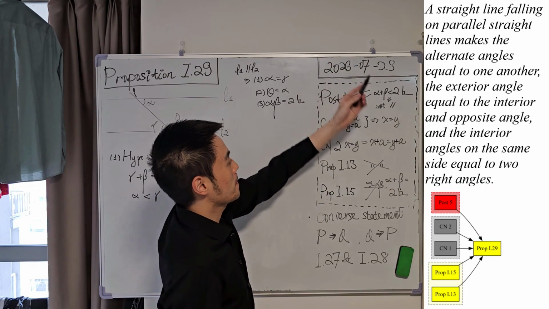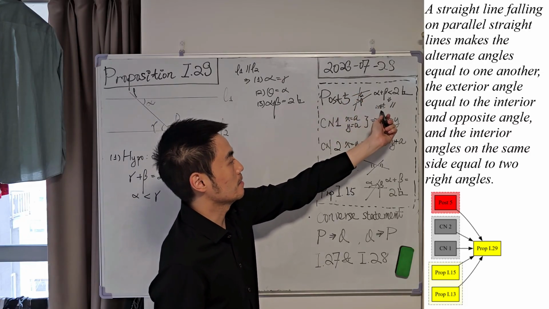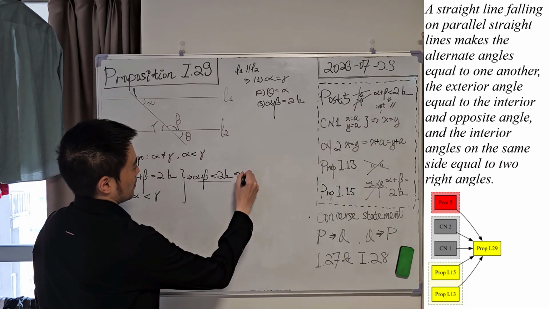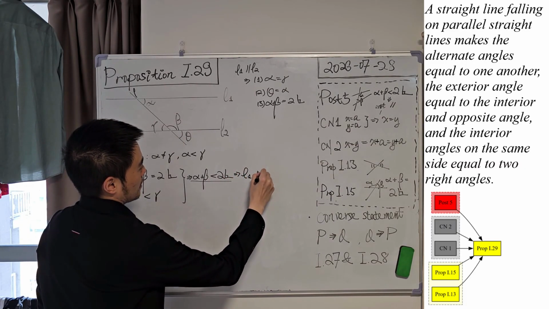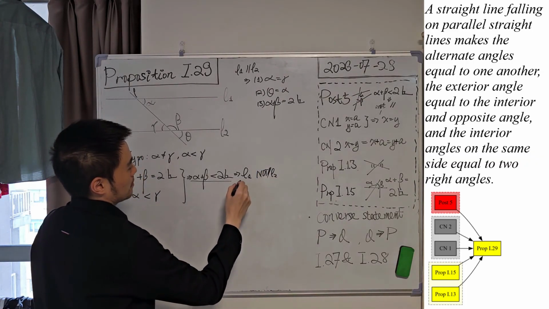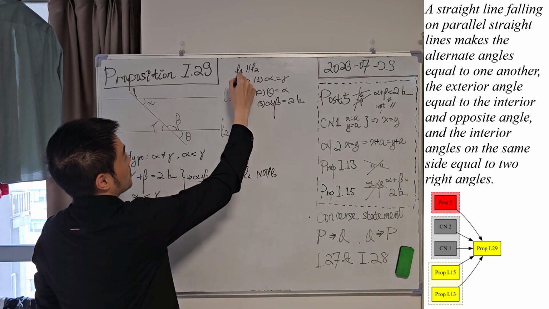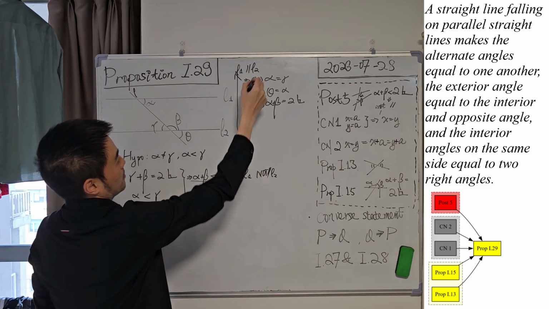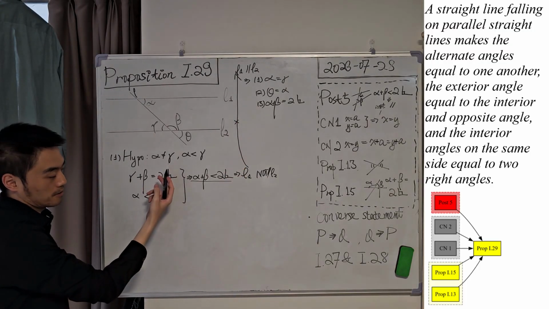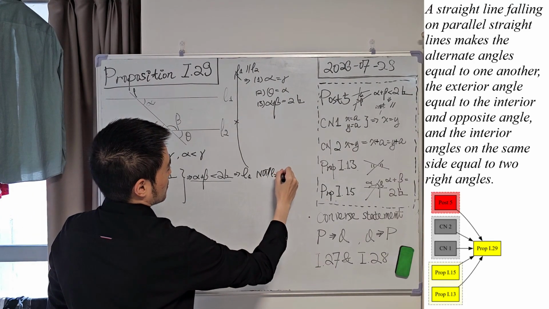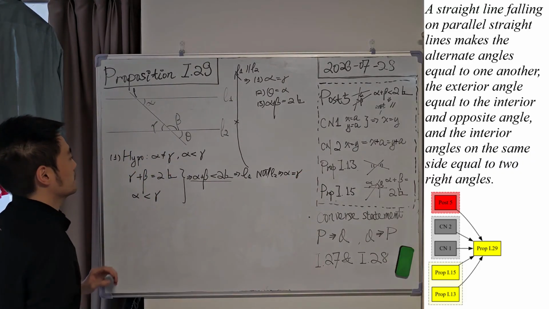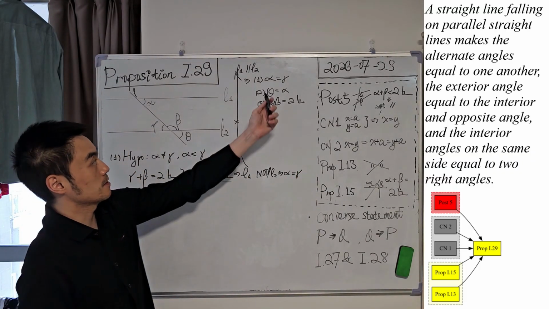So it means these two straight lines are not parallel, which means L1 is not parallel to L2, which absolutely breaks our condition. So they are contradictory to each other. Our hypothesis is false, which means alpha is equal to gamma exactly. So we proved our first statement.